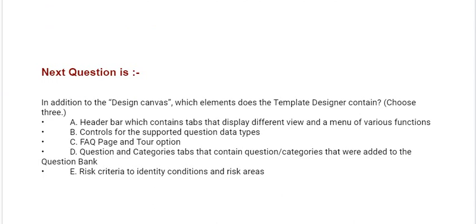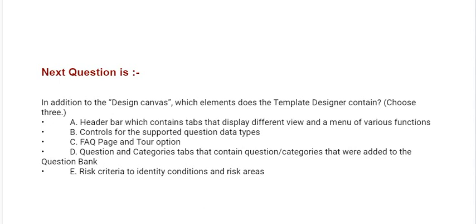Next question is, in addition to the design canvas, which element does the template designer contain? Choose three options. Option A. Header bar, which contains tabs that display different views and a menu of various functions. Option B. Controls for the supported question data types.